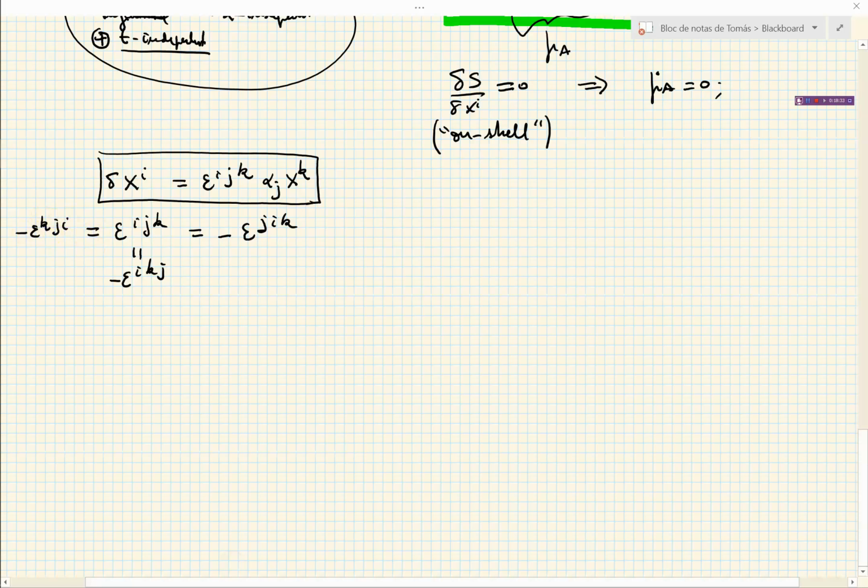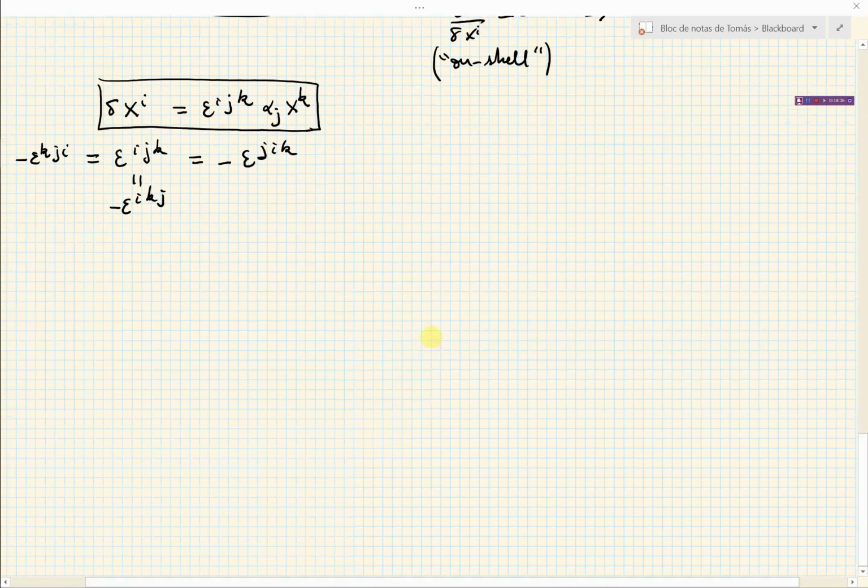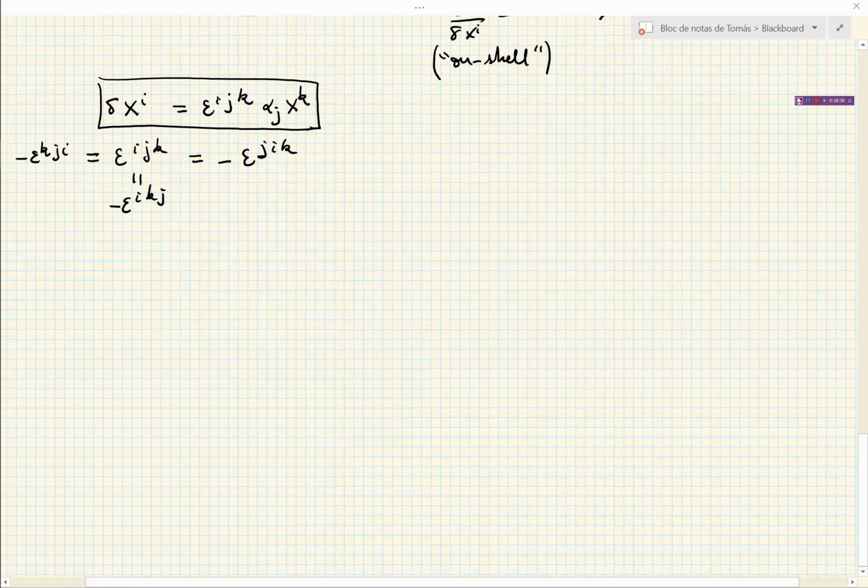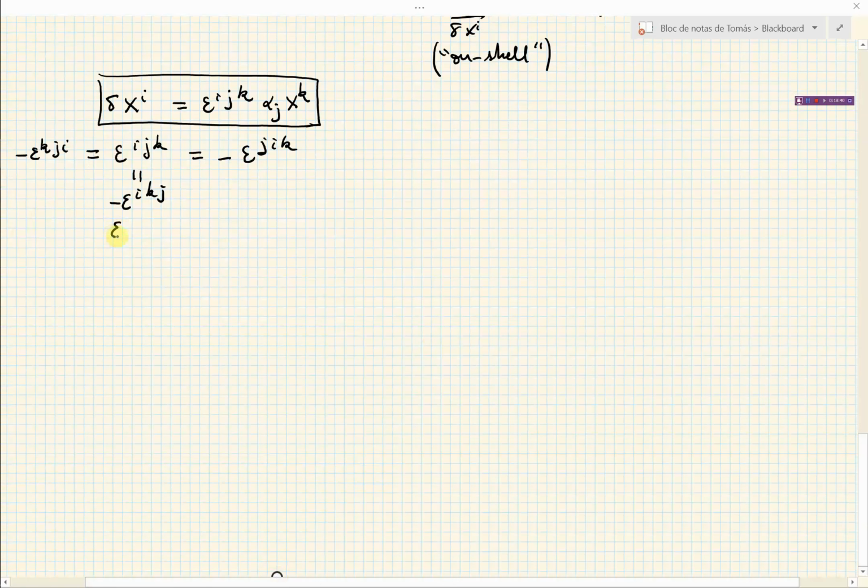So if I interchange any two indices, this gives me a minus. Also, when the indices ijk take the values 1, 2, 3, this takes the value plus 1.